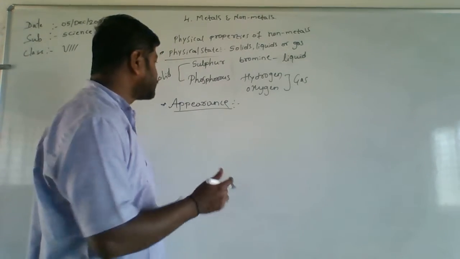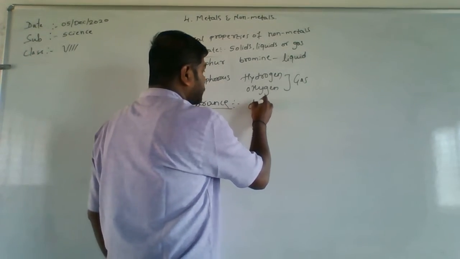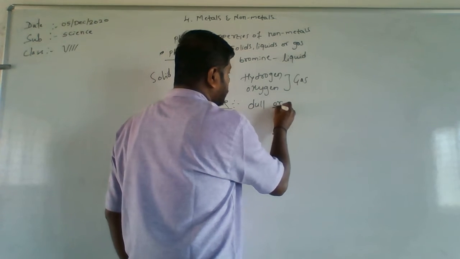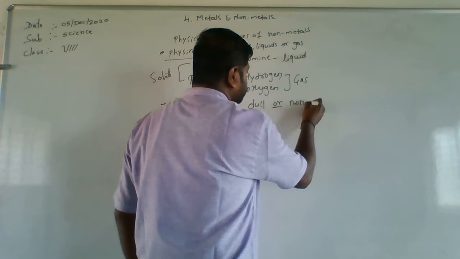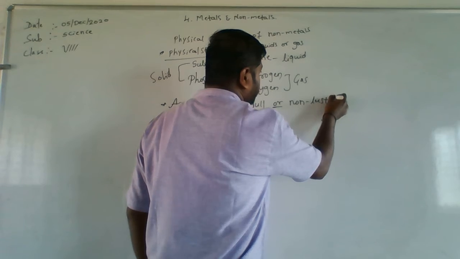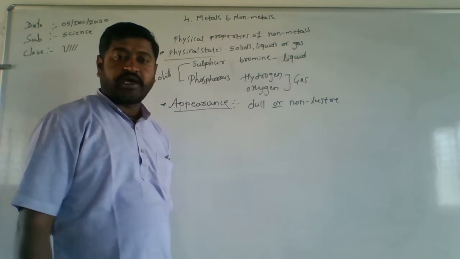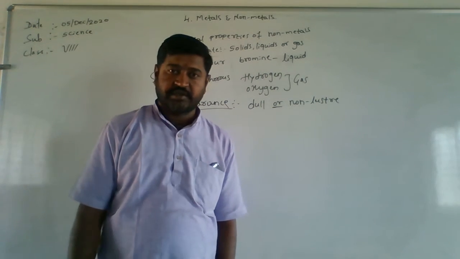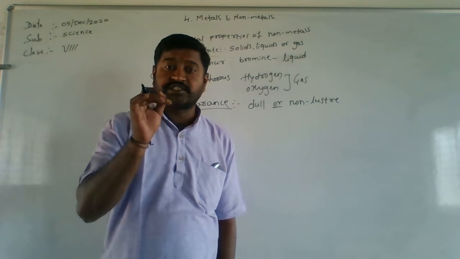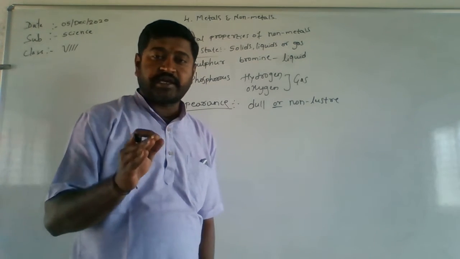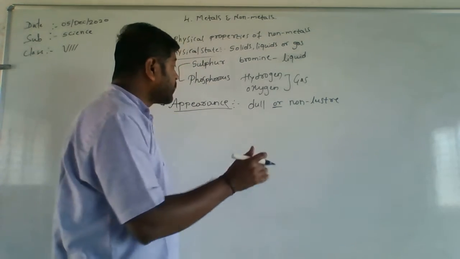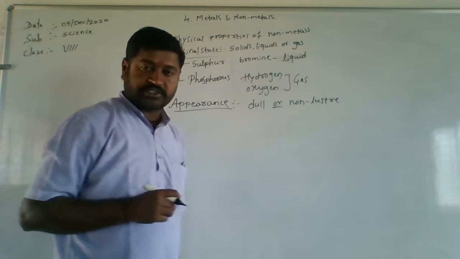So all non-metals are dull or non-lustrous, means they do not have any shiny surface. Which ones? All these non-metals. So here there are a few which are not going to be dull or non-lustrous.